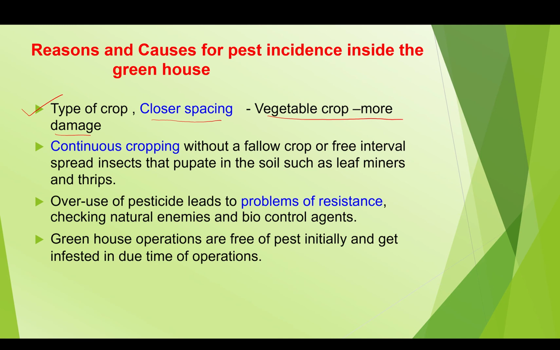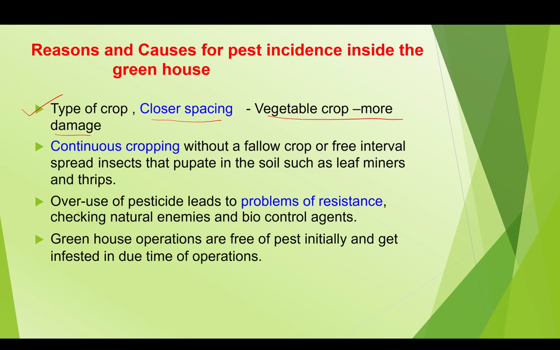After the completion of that cycle, if again we raise another crop, then those insect pests which hibernate or hide in the soil will come up and start again with the next crop. After the completion of one crop, we have to do soil solarization. At least we have to keep some free interval, so that the pupae and larvae inside the soil will be destroyed completely.